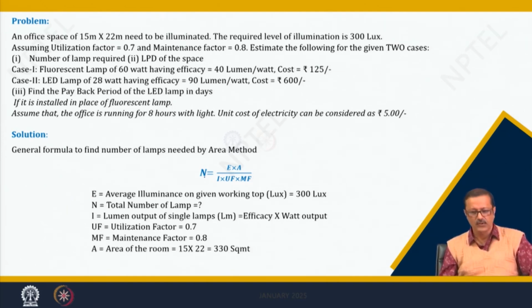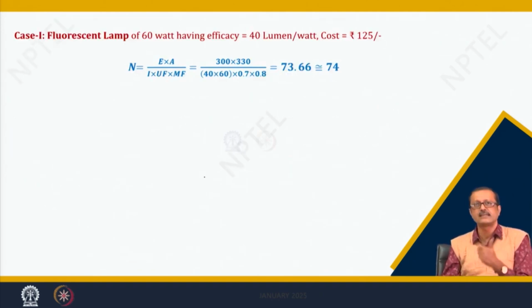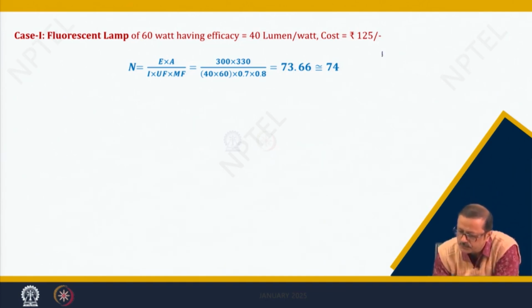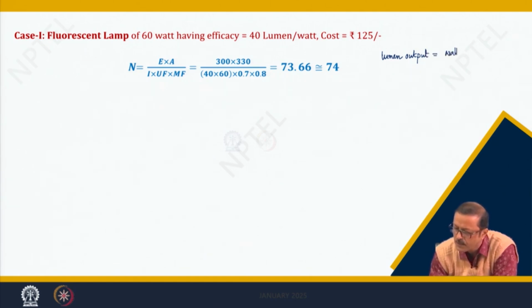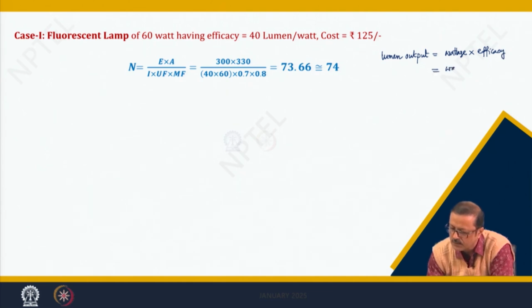So, in that we will first go with the fluorescent lamp. It has 60 watt as the wattage of the lamp, and the efficacy is 40 lumen per watt. That means 40 into 60 will be the lumen output. So, lumen output is wattage multiplied by this efficacy. The wattage is how many watts, and this is lumen per watt.